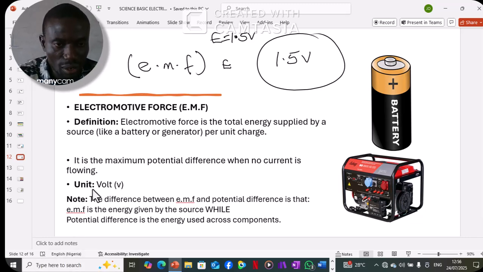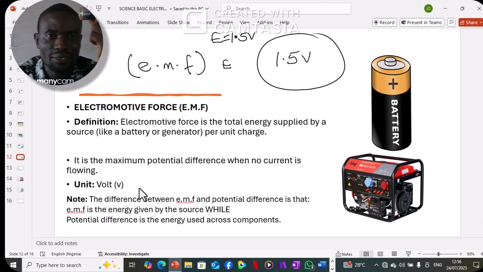The unit is also volt because it's the maximum potential difference of a battery when it is not connected to circuits. The maximum potential difference between the terminals of a battery when it is not delivering current to external circuits is called electromotive force. You have not connected it to any conductor or wire. So the total energy when you have not connected it is known as electromotive force, or when the switch is off.